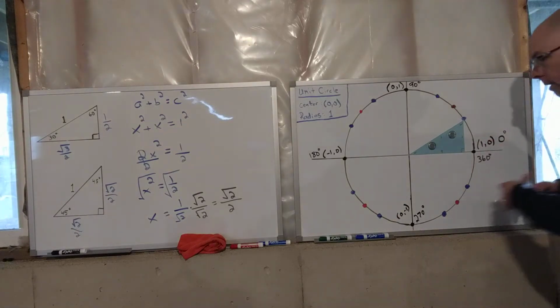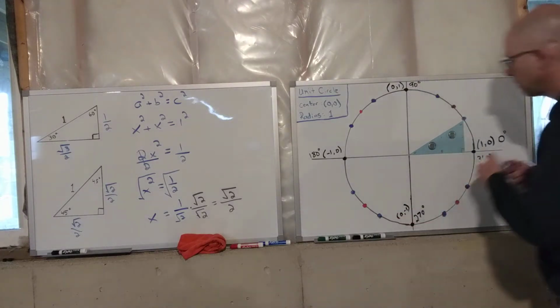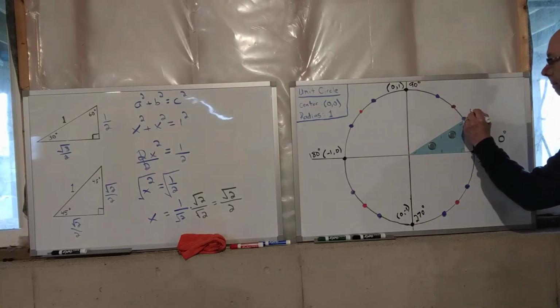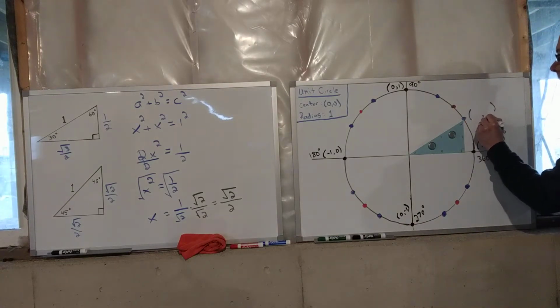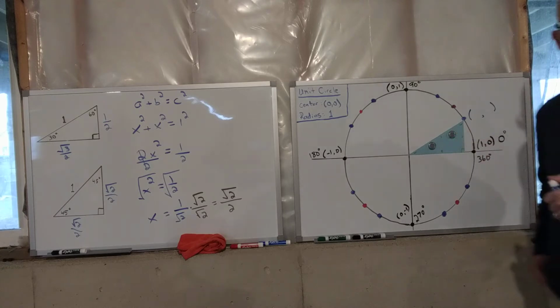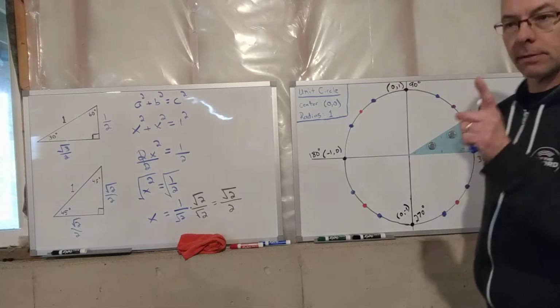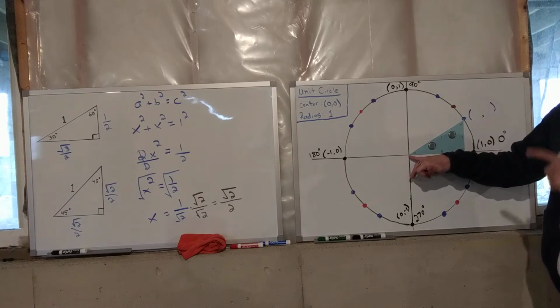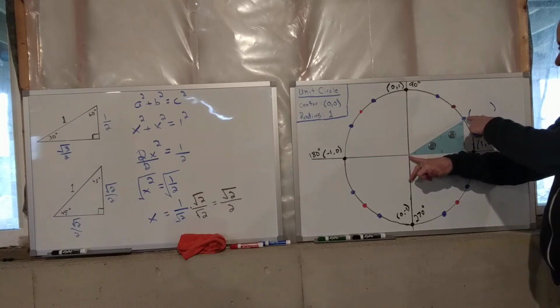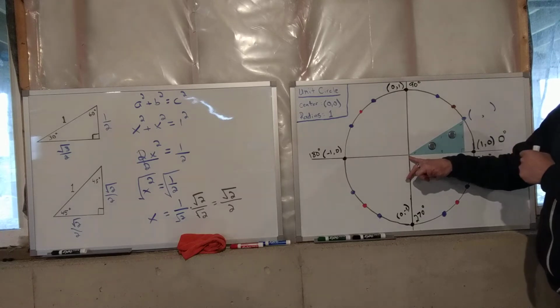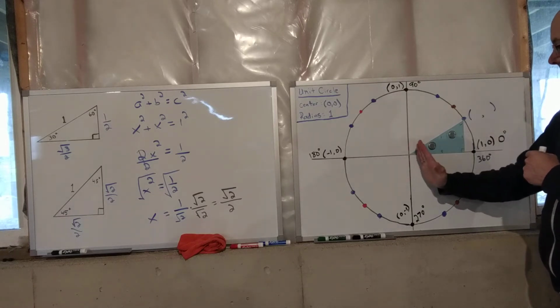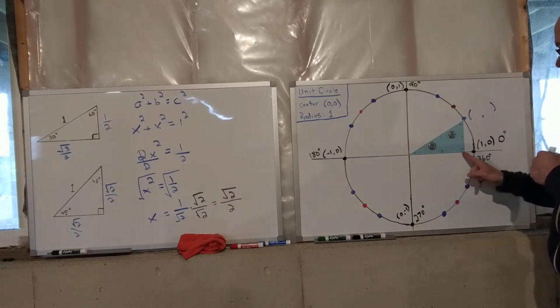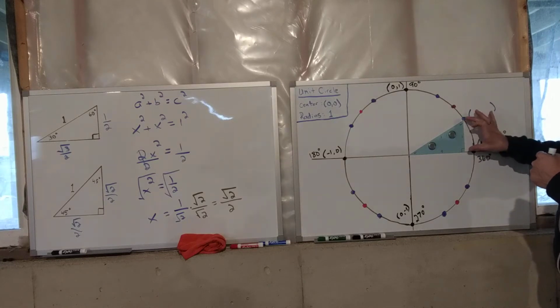Now, we're going to talk about the coordinates of this point. And the triangle gives you the answer, because this triangle is sitting right here with this point at the origin. So if I think about where this point is from the origin, it's this far to the right and that far up.